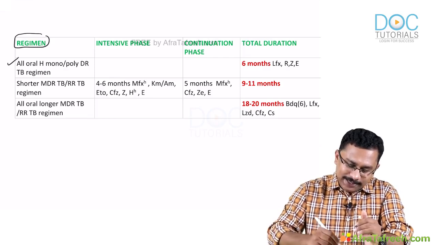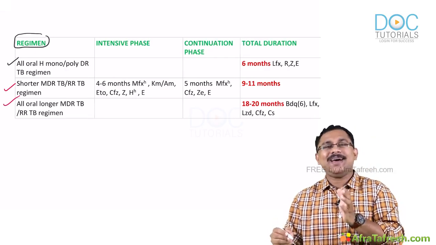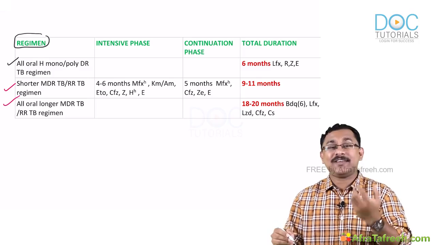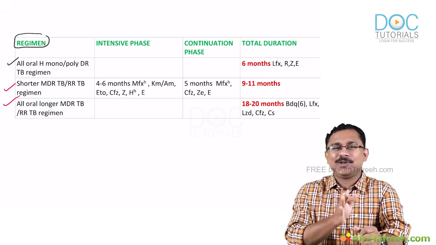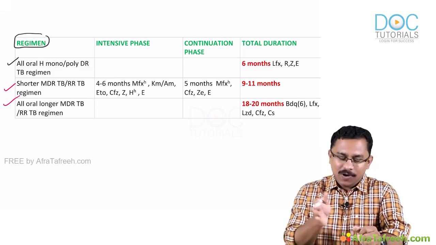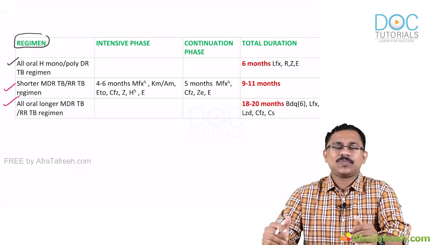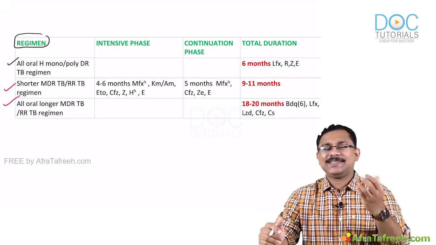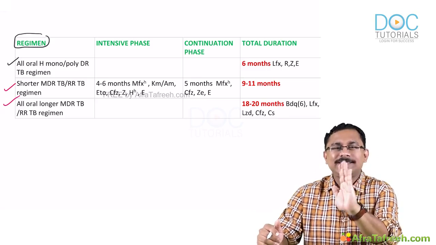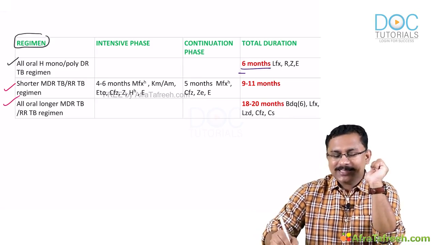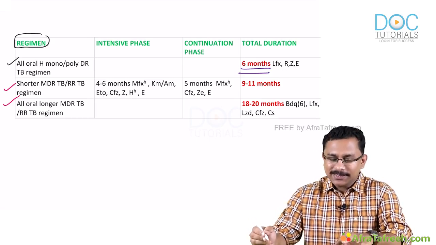The second and the third one are for MDR TB as well as for rifampicin resistance. First, let us see the first group, INH monoresistance or polydrug resistance. In such a case, you do not have an intensive phase and continuation phase. It is just 6 months of treatment.